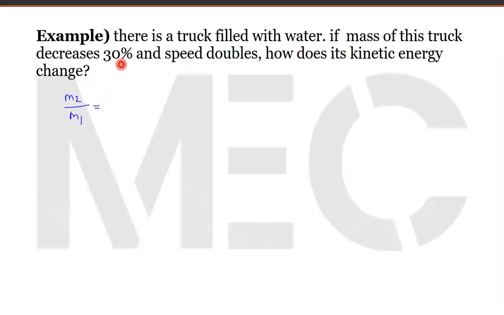The mass of the truck decreased 30%. If something decreases 30%, we can say it has been multiplied by 0.7 or 7/10. I found this relation by applying the percent change formula, but more quickly. And it says the speed doubles.